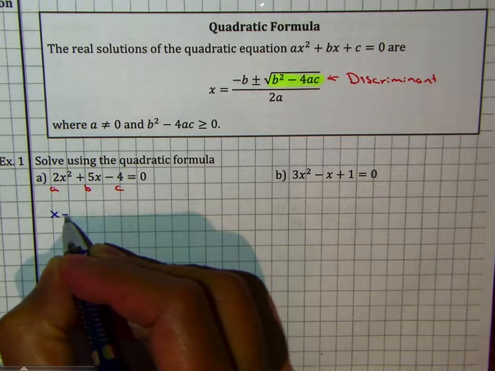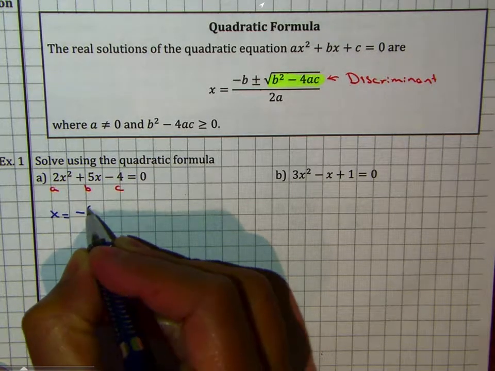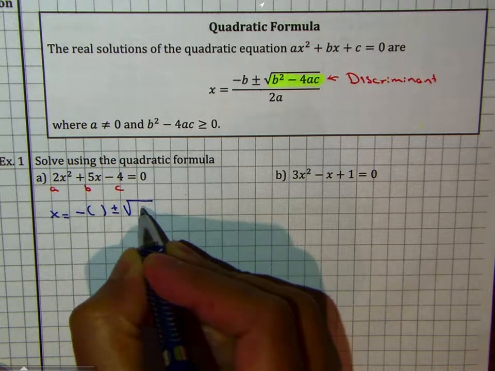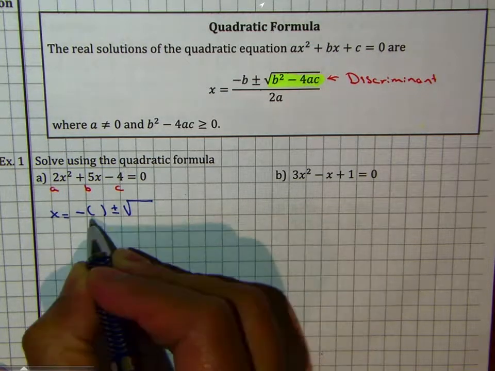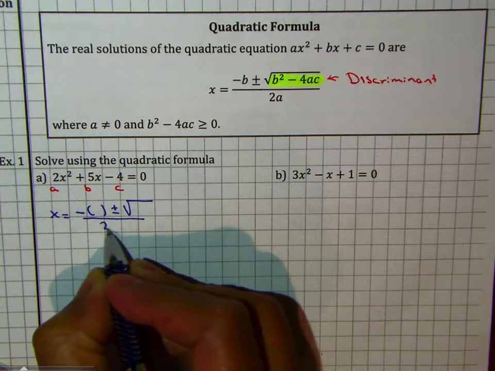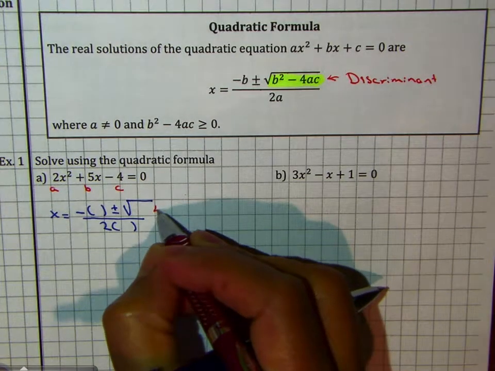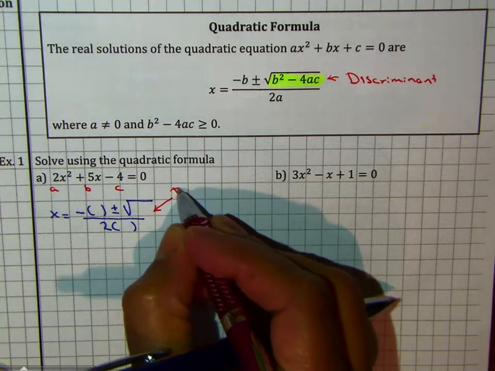We have x equals negative b plus or minus square root. This will be separately all over 2a. So this part is going to be your discriminant.